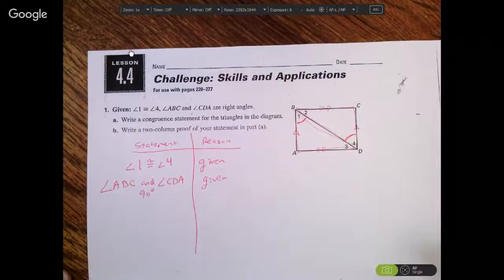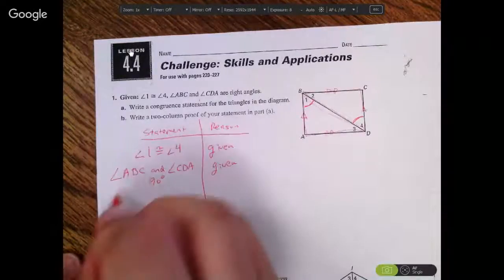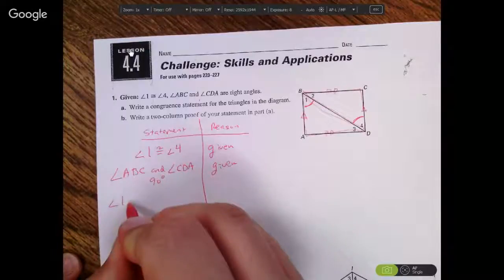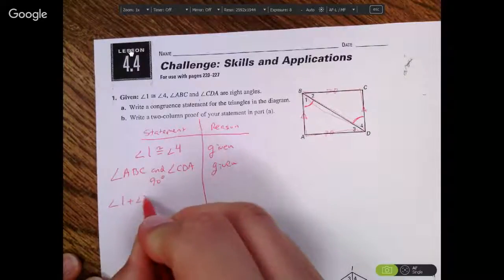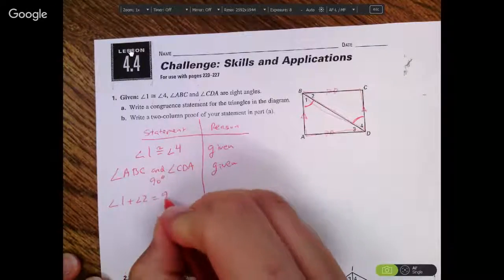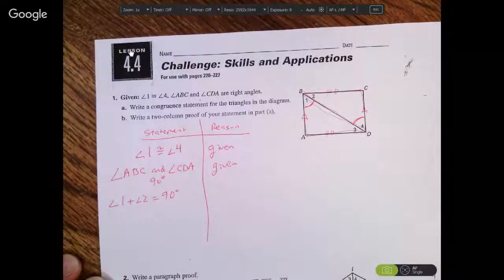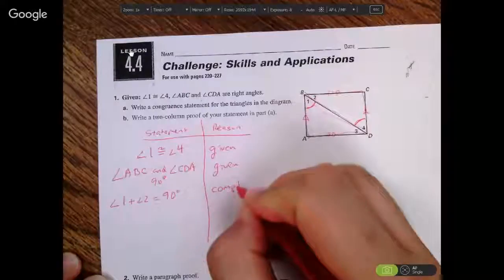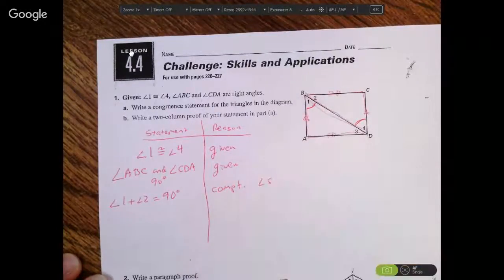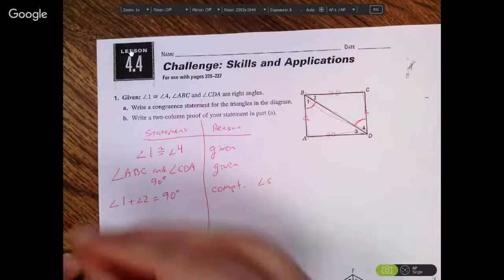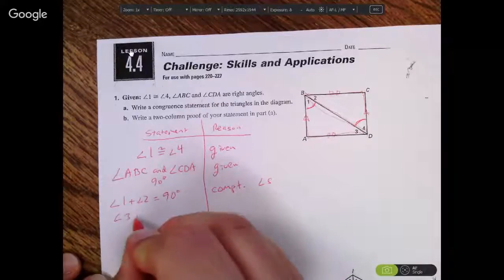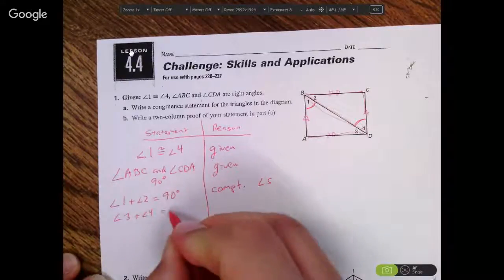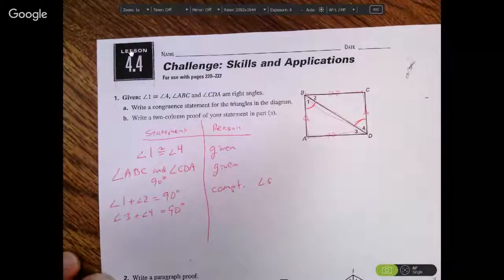Okay, so I know that angle 1 plus angle 2 equals 90 degrees. Okay, yep, complementary angles. And angle 3 plus angle 4 equals 90 degrees.